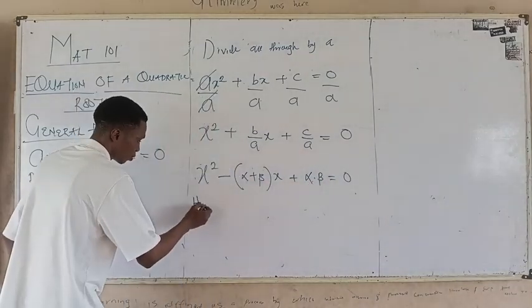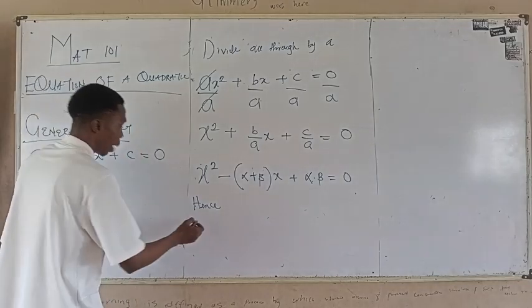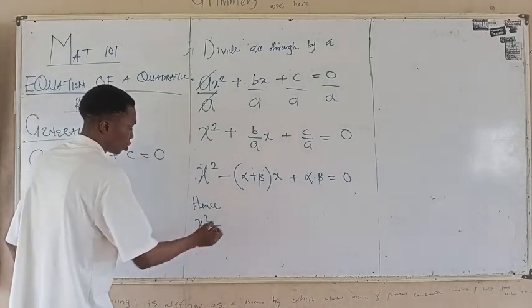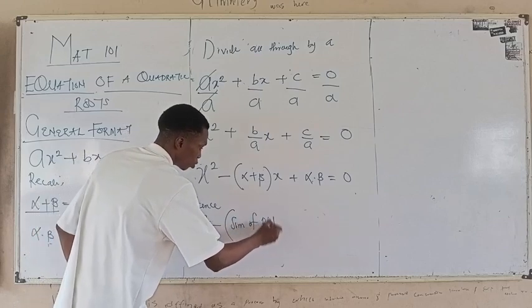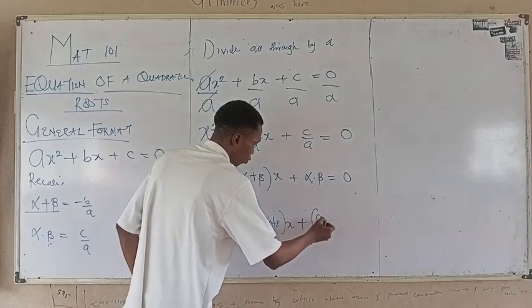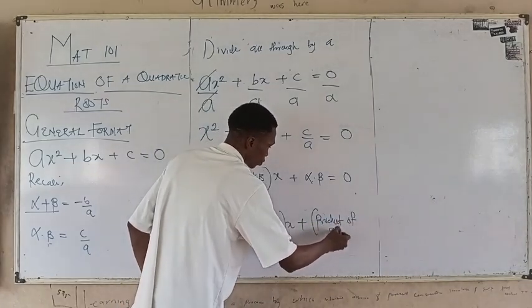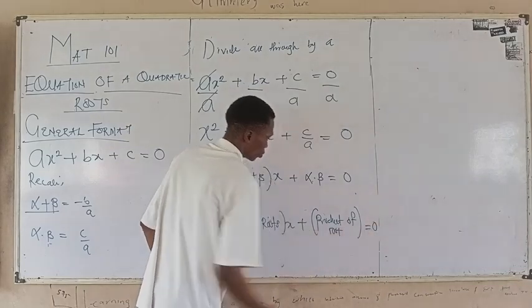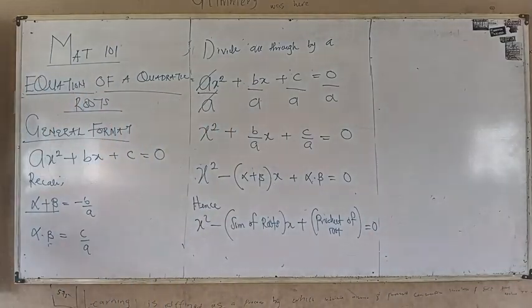Hence, the equation of a quadratic root can be written as x squared minus sum of roots, then x, plus the product of roots equals to 0. So that's the equation of a quadratic root.